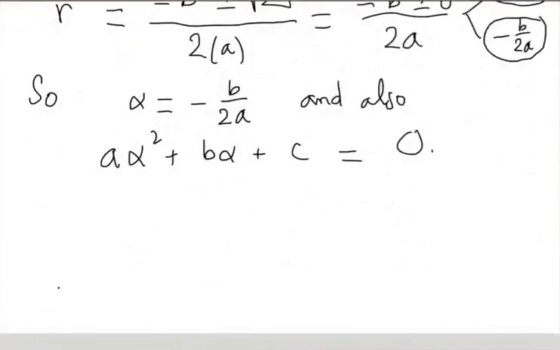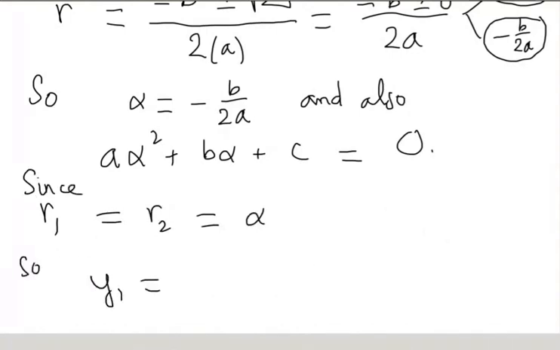Now, go back to the differential equation. We have r1 equals r2 equals alpha. So we may choose y1 to be e to the r1 x, which is e to the alpha x.